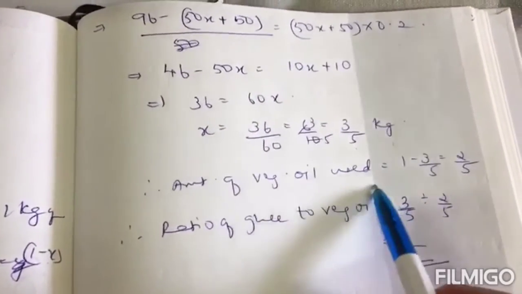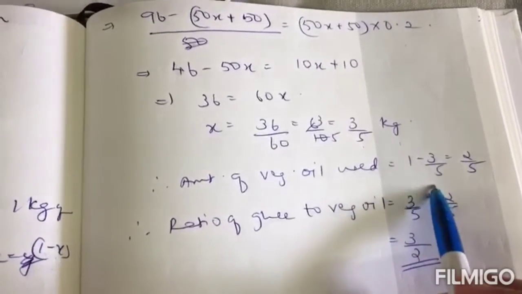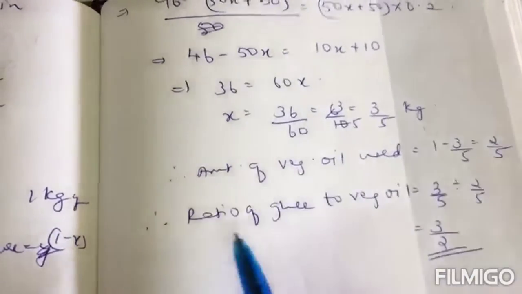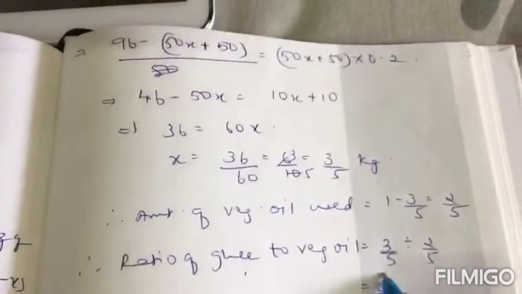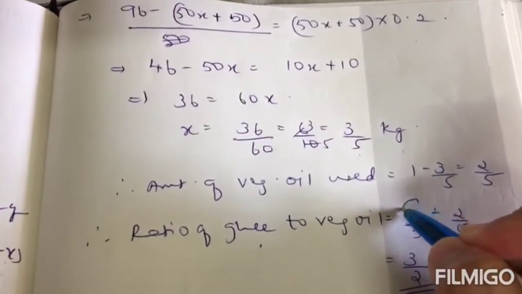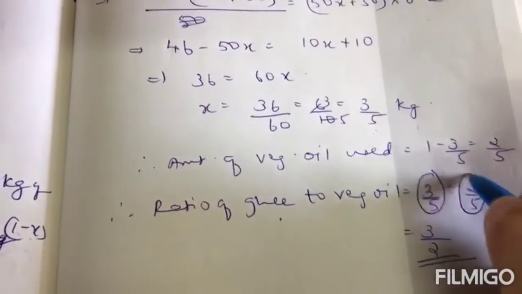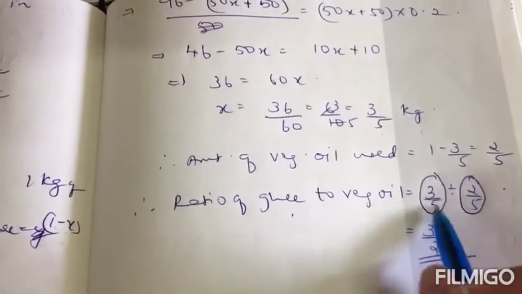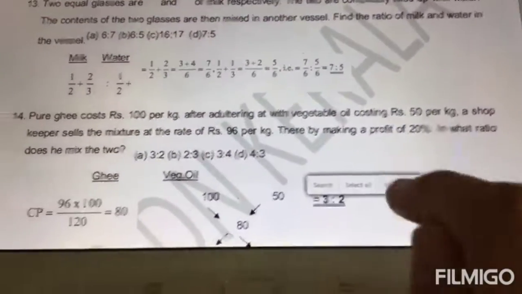Therefore, amount of vegetable oil used is 1 minus 3 by 5, which is 2 by 5. Therefore, ratio of ghee to vegetable oil is equal to amount of ghee divided by amount of vegetable oil. When you invert and cross multiply, you will get 3 by 2, which is the ratio of ghee to vegetable oil in the mixture.